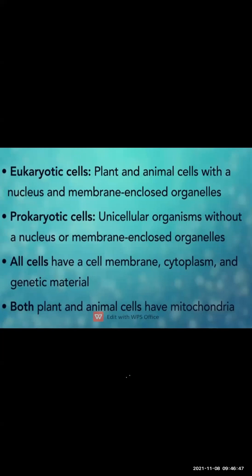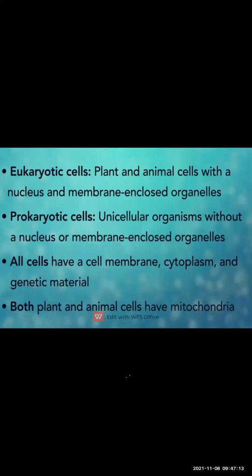Chloroplast is present in plant cells and is very helpful in photosynthesis. And vacuoles, what is the work of the vacuoles? The vacuoles handle waste products. Whatever waste products are there in the cell are thrown out with the help of vacuoles, that is the function of the vacuoles. So this is about the cells in short.